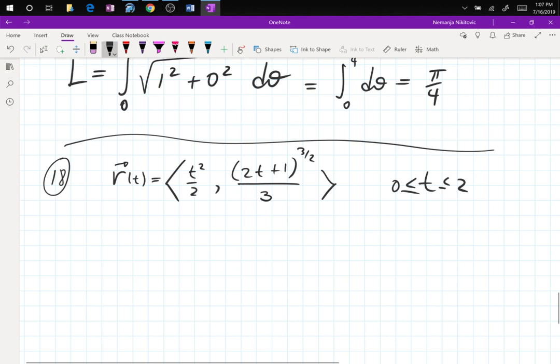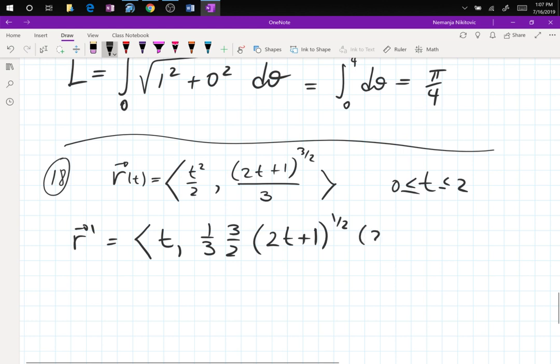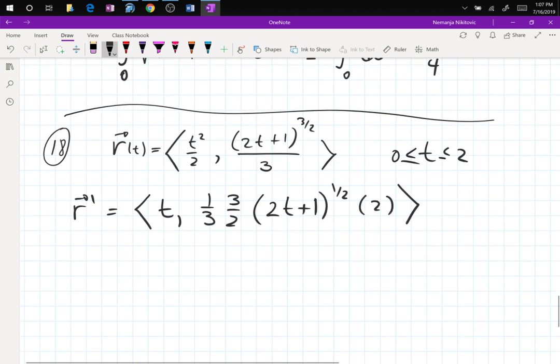So I know I need the r prime vector, so that's going to be t, and I have to take the derivative of this, so it's going to be 1/3 times 3/2 times (2t plus 1) raised to the 1/2 times the derivative of the inside, which is 2, the chain rule, right? Now 3 kills 3, 2 kills 2. Well, that's nice. So we have our r prime to be t and the square root of 2t plus 1.